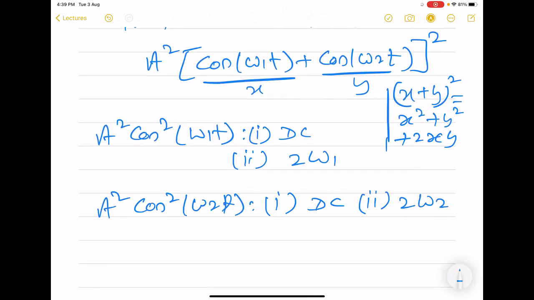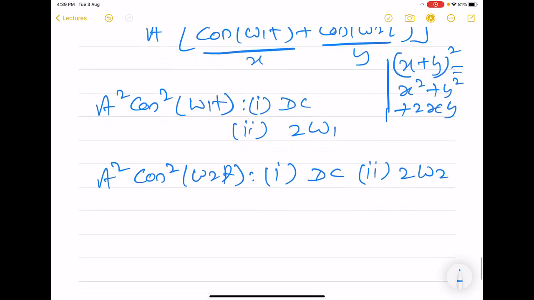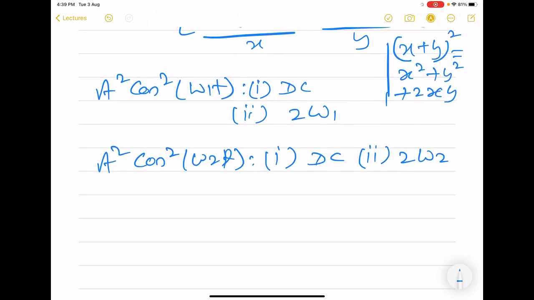That means the second harmonic. So we are already familiar with this for the one tone case. Now we are going to get a new term. So the xy type of term is going to give rise to cos omega 1t, cos omega 2t.